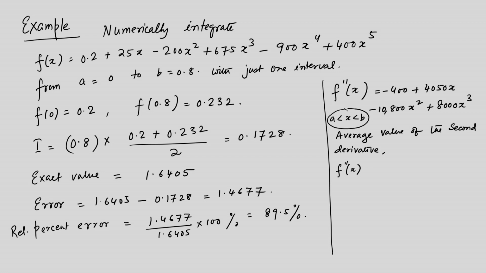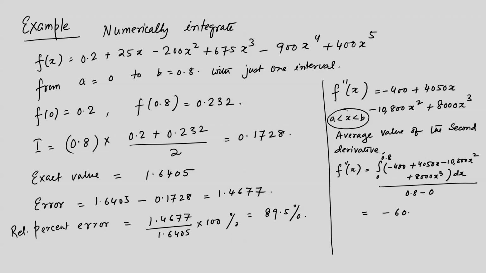So, x lies between a and b, which is 0 to 0.8, and then we integrate minus 400 plus 4050 x minus 10,800 x square plus 8,000 x cube, into dx, and divide by h, which is b minus a, which is 0.8 minus 0. And if you calculate it, it becomes equal to minus 60.